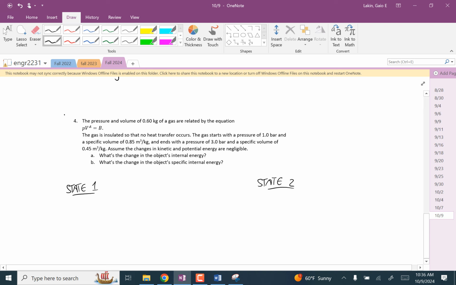So first, let's see, are you given? Yeah, you're given enough information that you can calculate A and B. So you can come up with pressure as a function of volume and calculate the work.